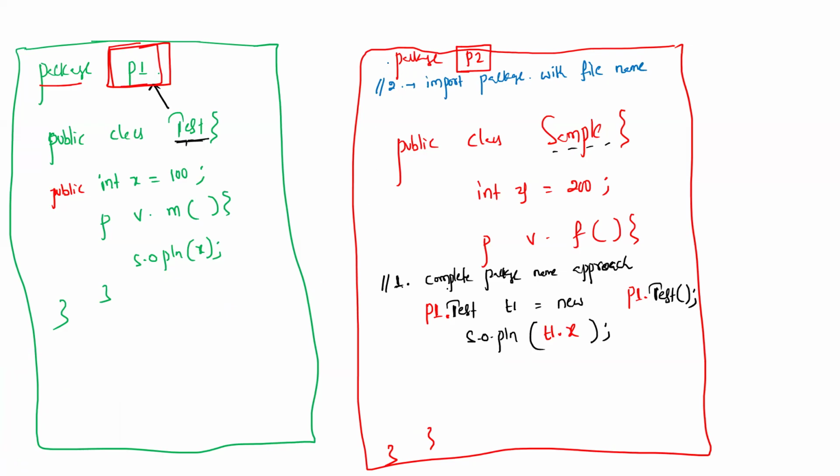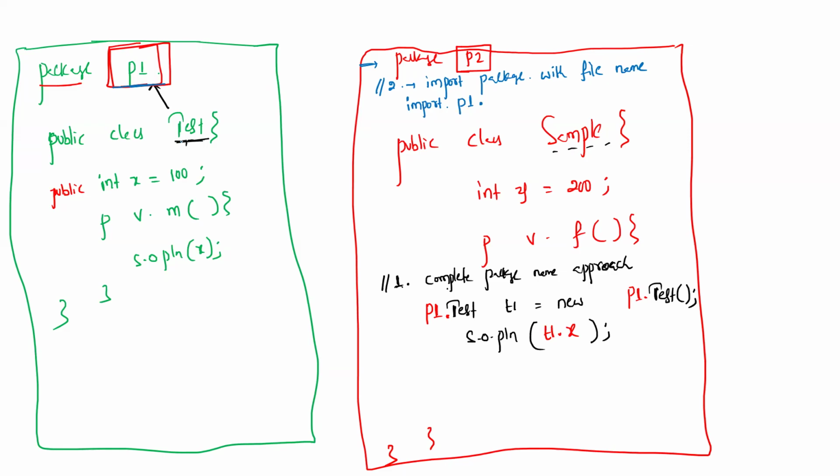In the second package, before the package statement, we cannot write any valid Java code. After the package statement, we have to use something called import. Do you remember import java.util.Scanner? Something like that. Import is a predefined keyword. What's the package name? P1.